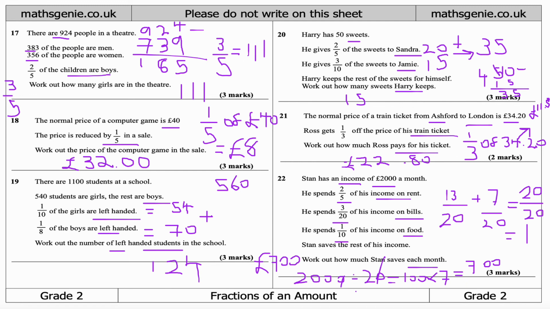And then what's left over for him is £700 after he deducts his expenses. So these are what I call his essential life expenses, things that a human needs in general to live.